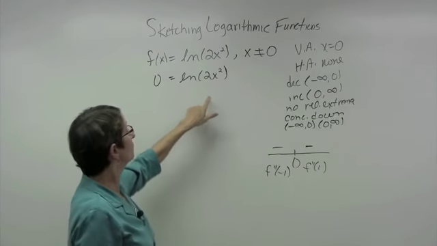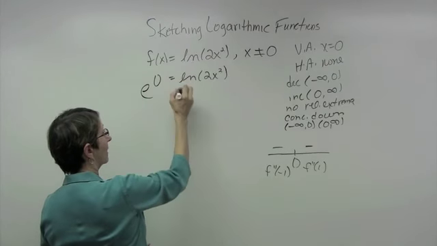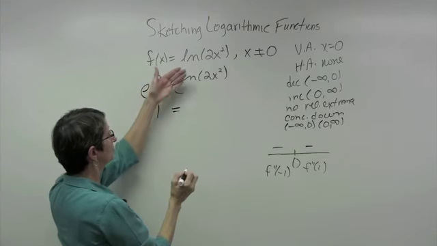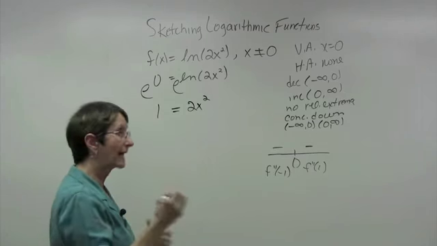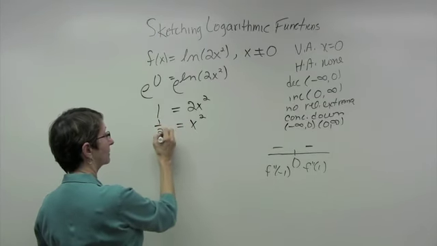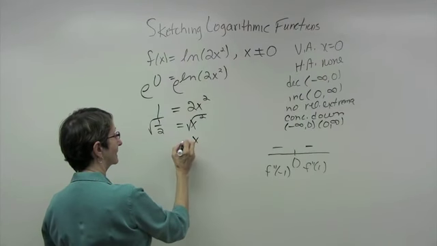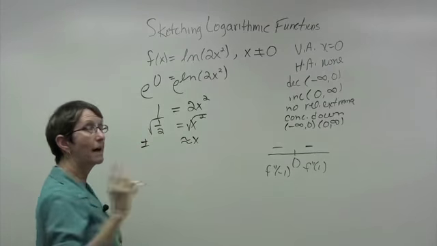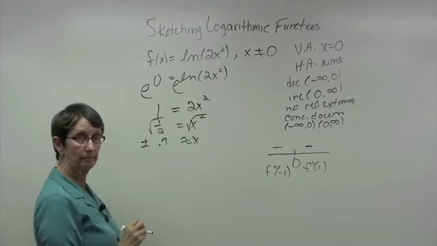This does. Remember that this is base e, so I can make e to that power and e to that power. So 1 is equal to 2x squared. Kind of an odd thing to do. So my x squared is equal to 1/2. Take the square root of both sides. So x is approximately plus and minus the square root of a half, which is about 0.7.